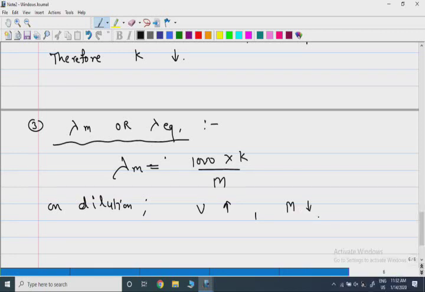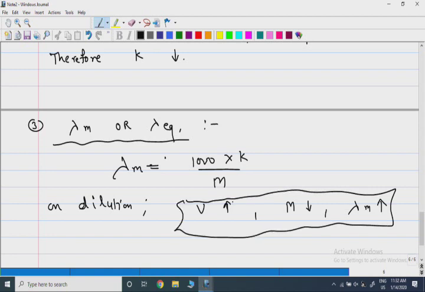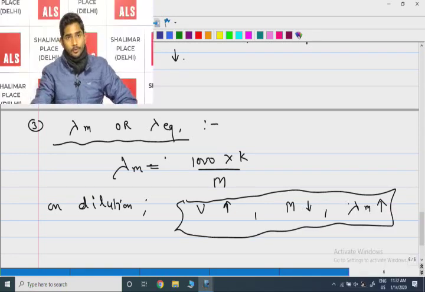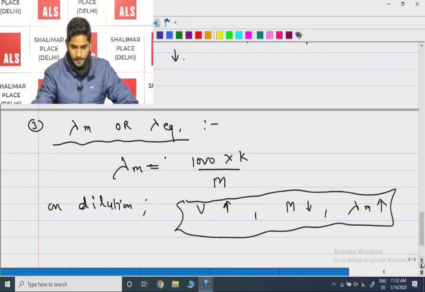According to this, lambda m should increase. This is our first point. Increase in volume, molarity will decrease, and due to which lambda m should increase.